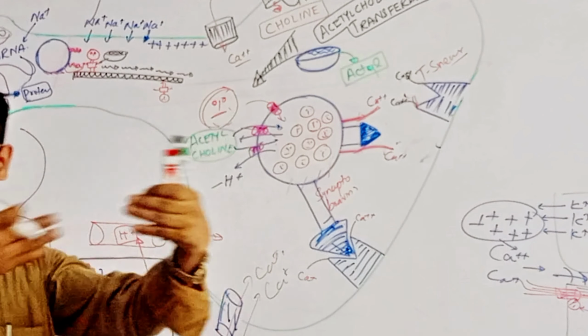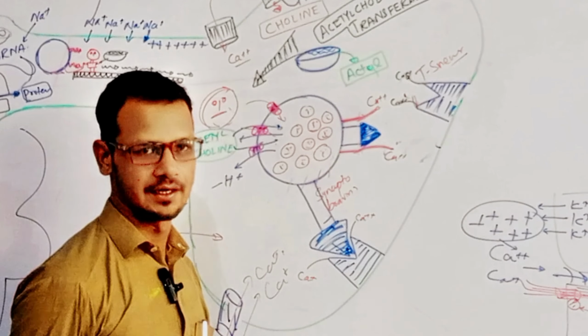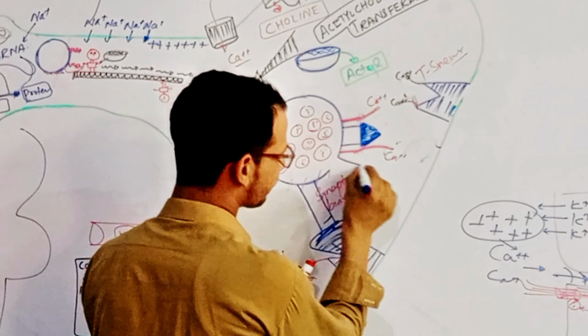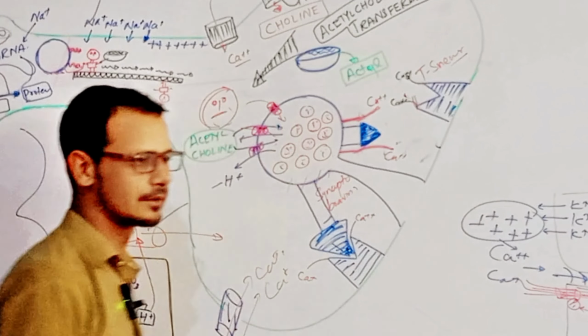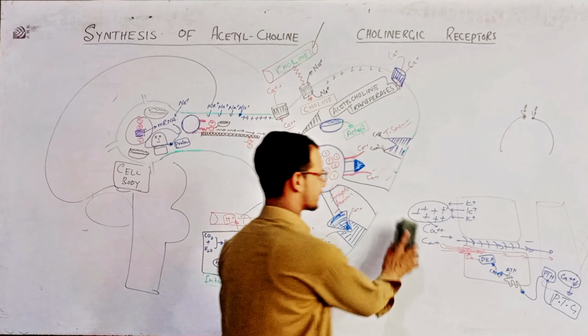Right, now both are attached to each other and it contracts the vesicle, and when this vesicle is contracted it will release the acetylcholine into the neuromuscular junction or neuro junction, right?